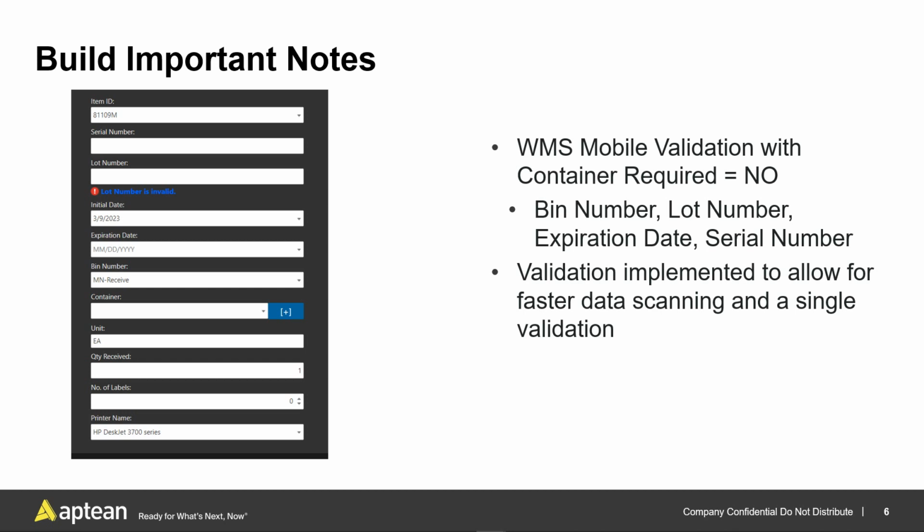So with my container required set to no, we have new validation that happens at the end of scanning, starting with bin number, lot number, expiration date of the lot, and serial number. Validation is implemented to better support mobile scanning. So let's see this in action.